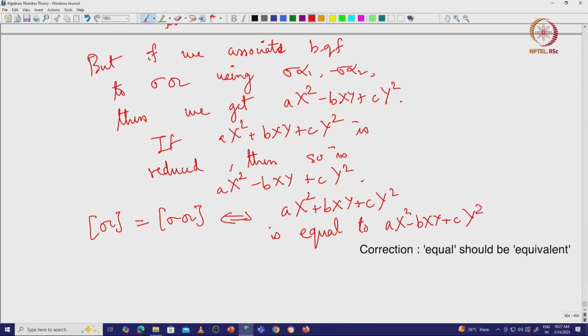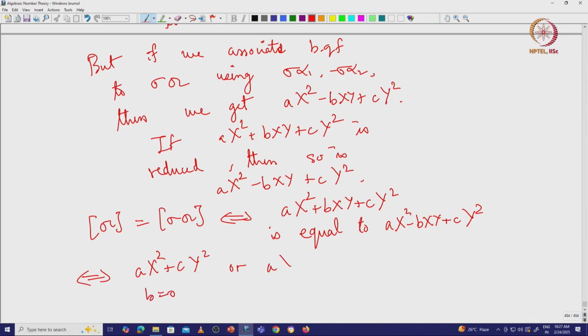So this happens if and only if they are of the form ax squared plus cy squared, so b is equal to 0, or it is of the form ax squared plus minus axy plus cy squared, or it is of the form where b is whatever it is and a and c are equal.